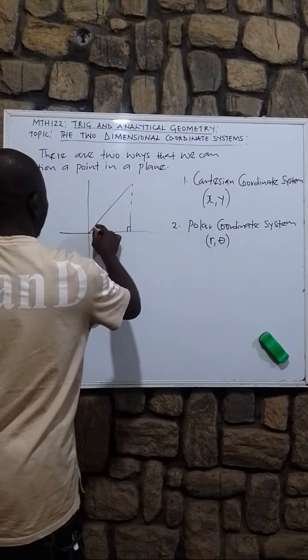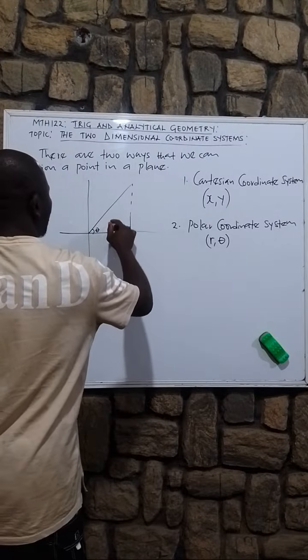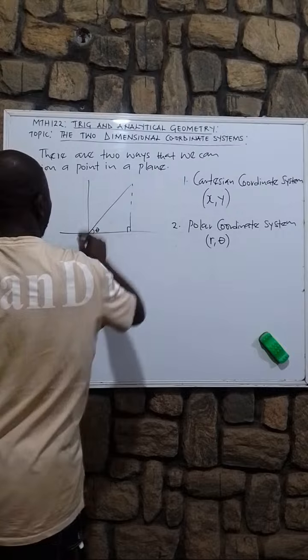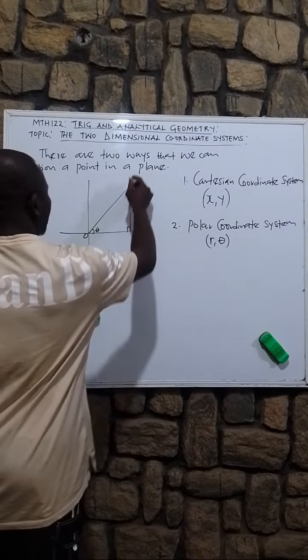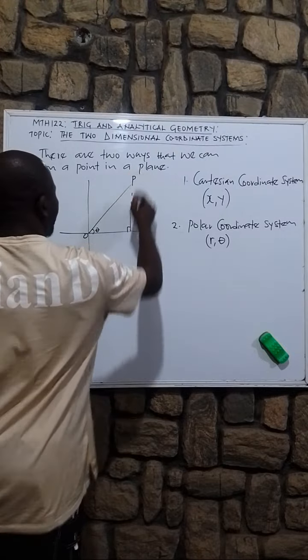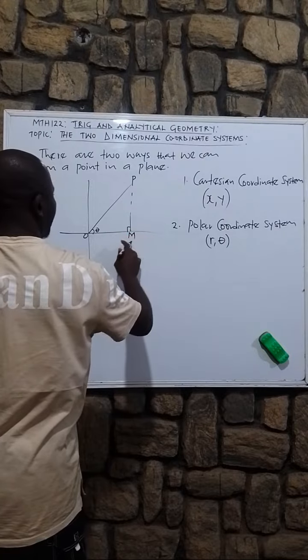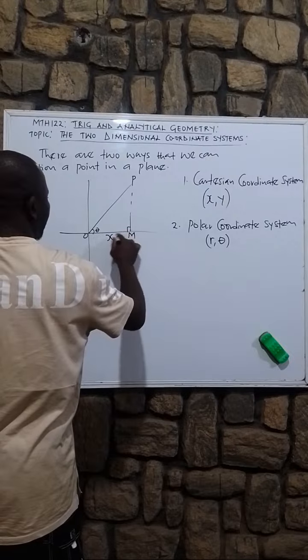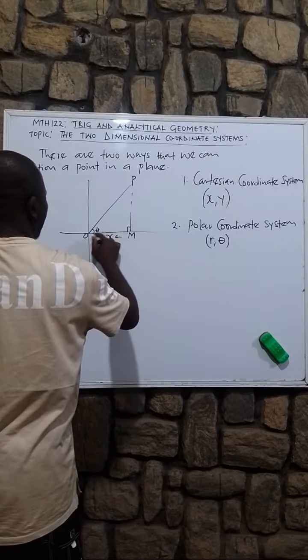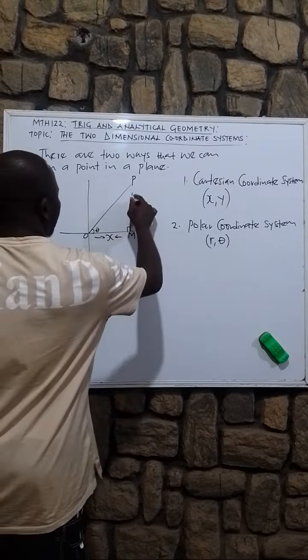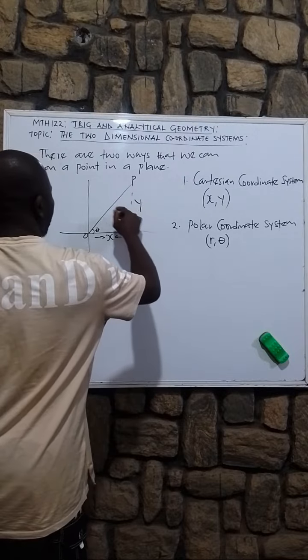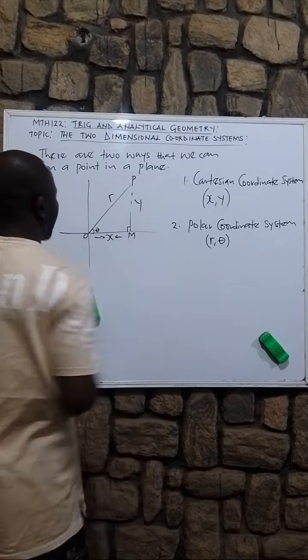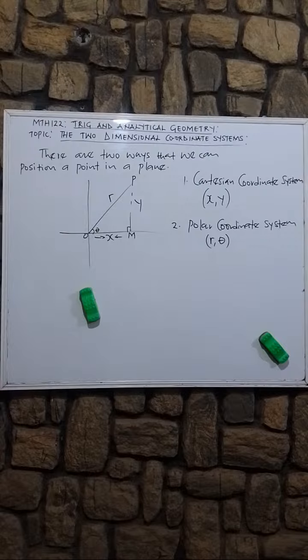The right angle triangle has O, P, and let us name here M. Here is our x, then here is y, then here is r.